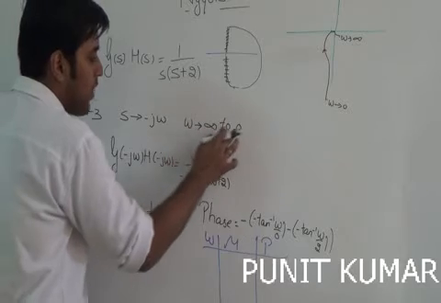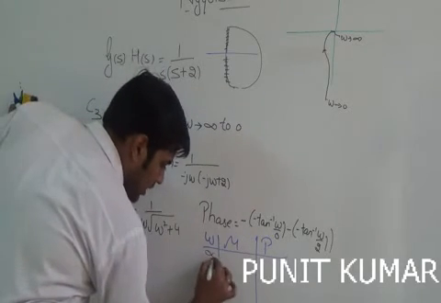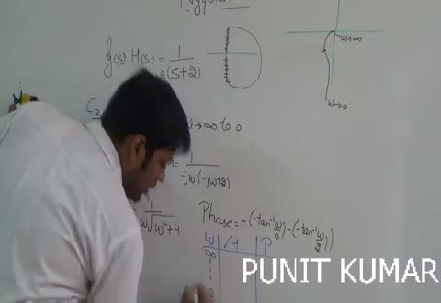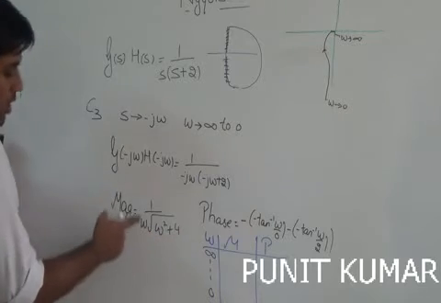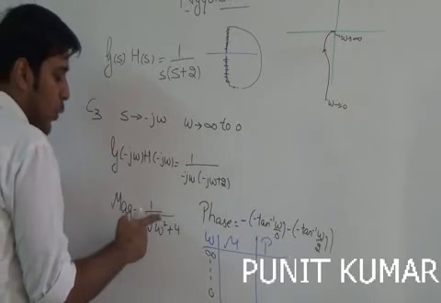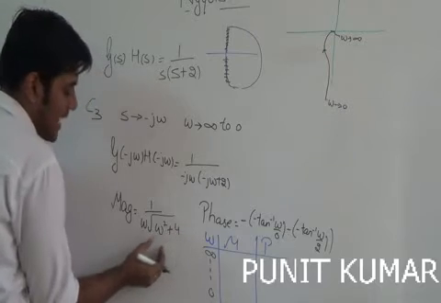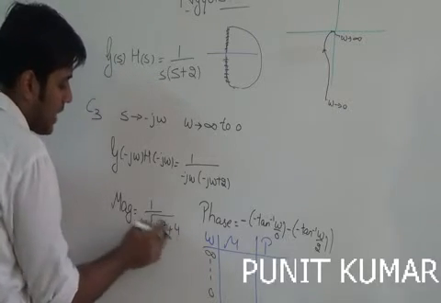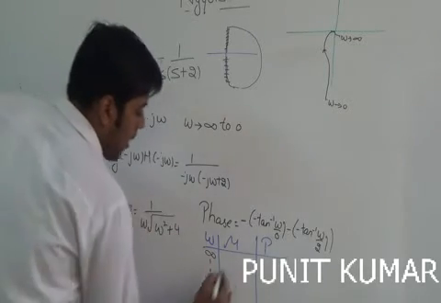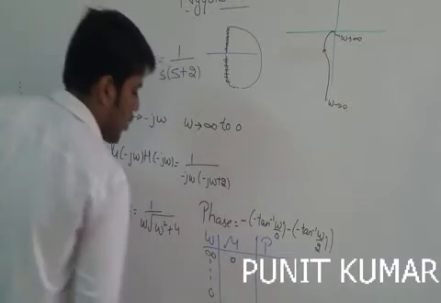Omega goes from infinity to 0. At infinity, it is 1 by infinity into infinity square plus 4. This term is very small as compared to this, so it is neglected, and it is 1 by infinity square. Magnitude will be 0.